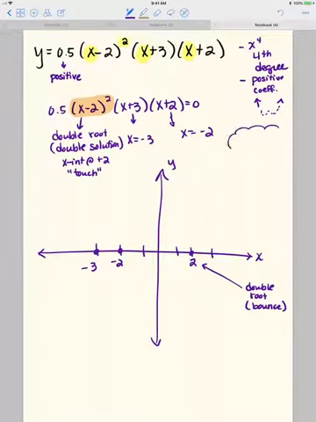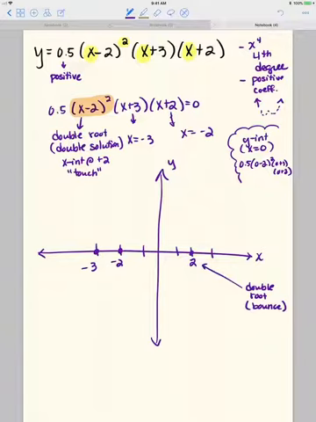Finding the y-intercept here will help us get another point. So we'll set x equal to 0 in our function. You have a half times 0 minus 2 squared times 0 plus 3 times 0 plus 2. I think you end up getting 12 for this.